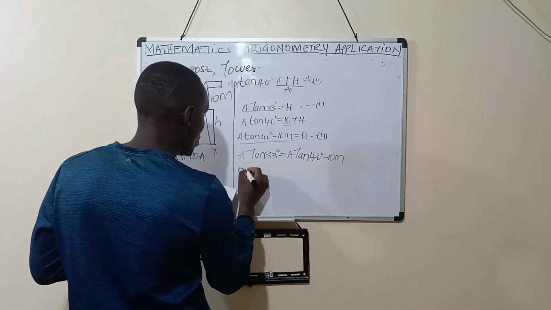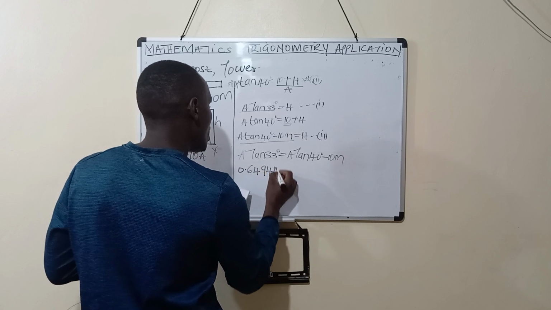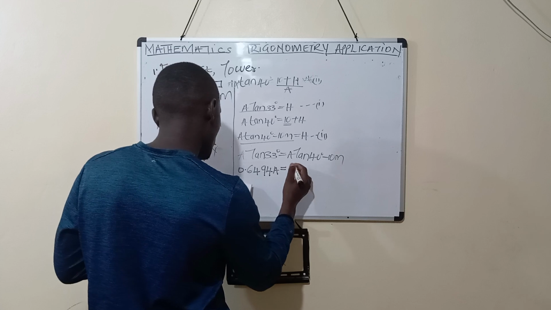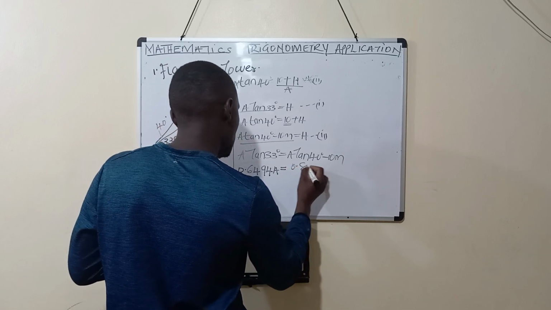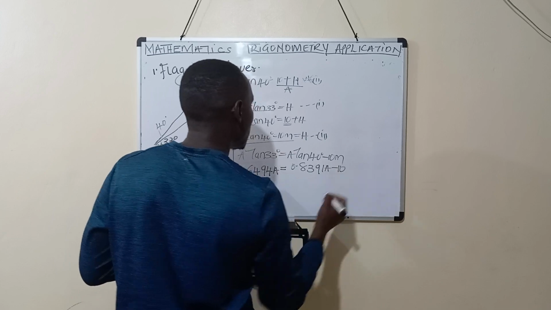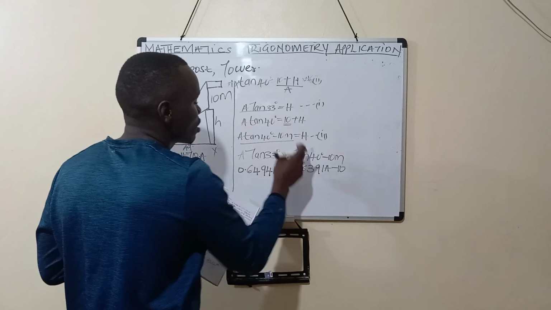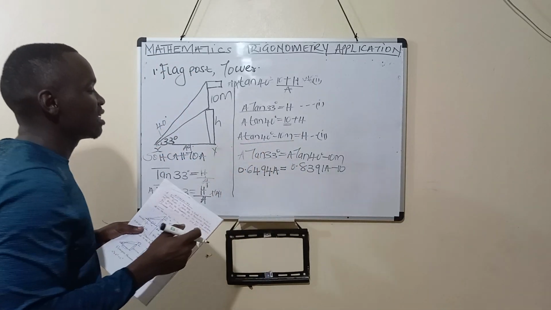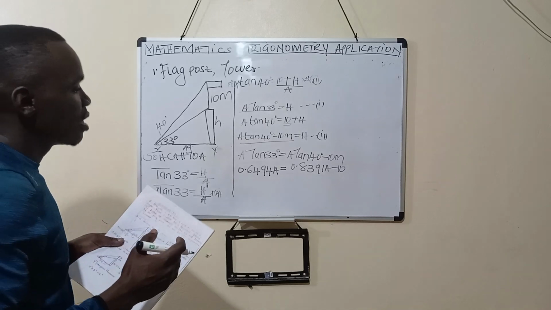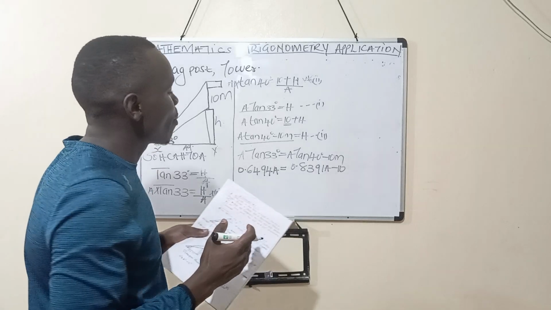So 0.6494A should be equal to 0.8391 times A minus 10. I have obtained the value of tan 40 and the value of tan 33, so that we can have something mathematical. I hope all of you can see that the question is taking a proper shape.